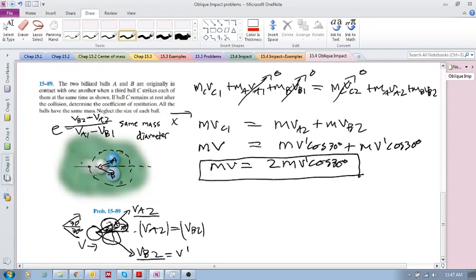So we can choose particle C and particle A. So E is equal to, and I'm just going to write it out like this, the velocity of A2 minus the velocity of C after impact, divided by the velocity of C before impact, 1, minus the velocity of A before impact, 1.